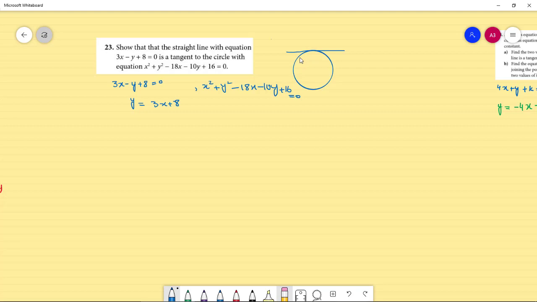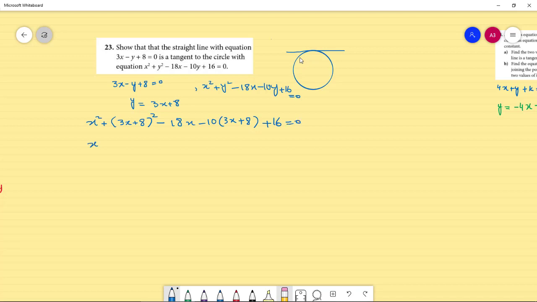So this will become x squared plus (3x plus 8) whole squared minus 18x minus 10 into (3x plus 8) plus 16 equal to 0.